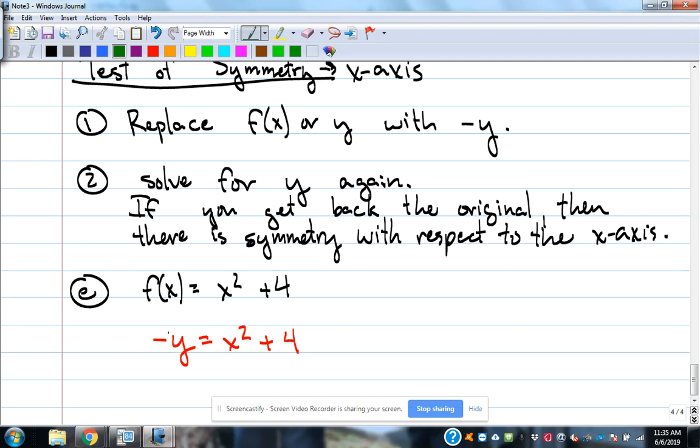A negative 1, right? How do I get rid of that negative 1? Well, I can't just make it a positive 1. I've got to do some sort of mathematical operation to cancel it out. What's going on between this negative 1 and the y? They're multiplying, so I need to divide to get rid of it. So I'm going to divide every single piece on the other side by negative 1.